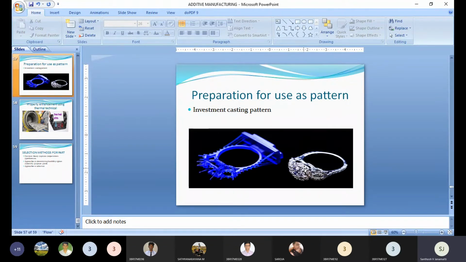Most commonly, we are using this 3D product for investment casting. These are all investment castings. Instead of using wax, we can use this polymer pattern. In investment casting we use wax, but wax is very difficult to handle.